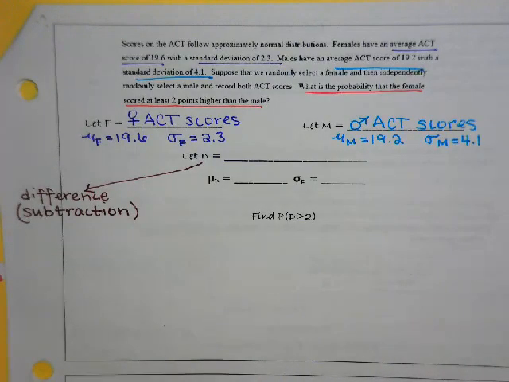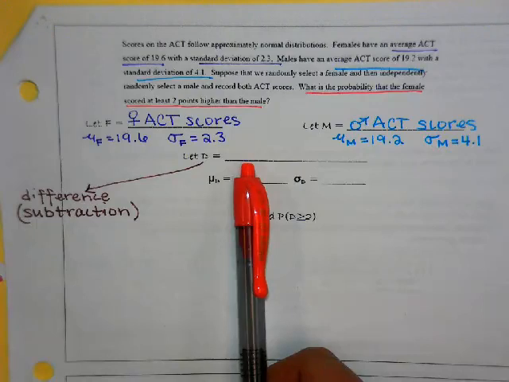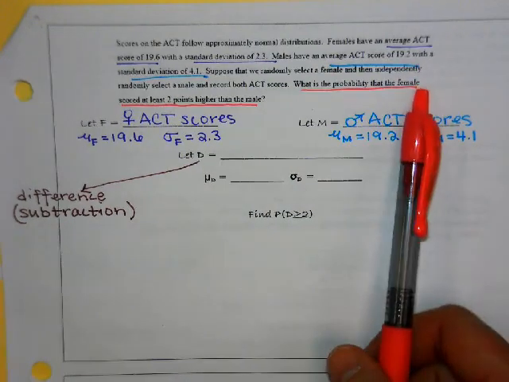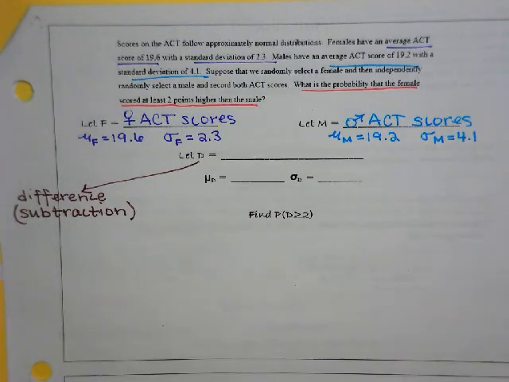So Seth says female minus male, and I would agree. We want to see what's the probability the female scores higher. If you did male minus female, you could also find the answer, just you'd be working with negative numbers. I personally like to work in positive numbers.